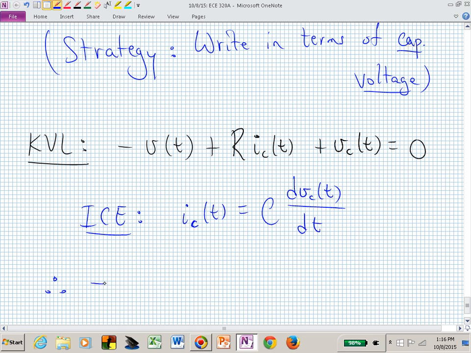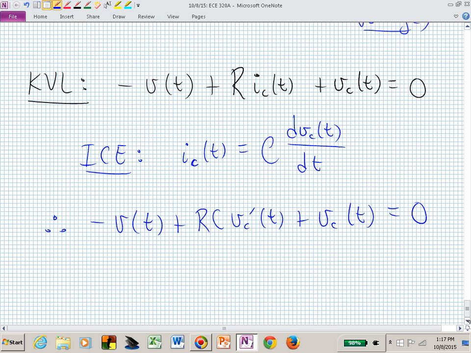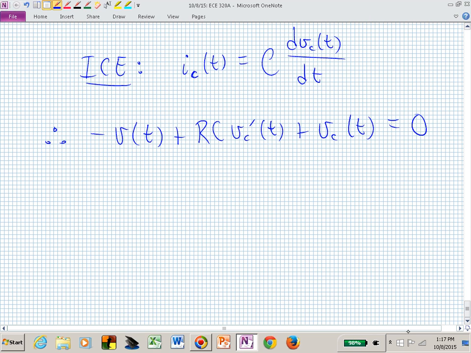Now we have an equation: minus V of t plus RC V sub c prime of t plus V sub c of t equaling 0. You may not see it written in that way. You may see it written so that the highest derivative has a coefficient of 1.